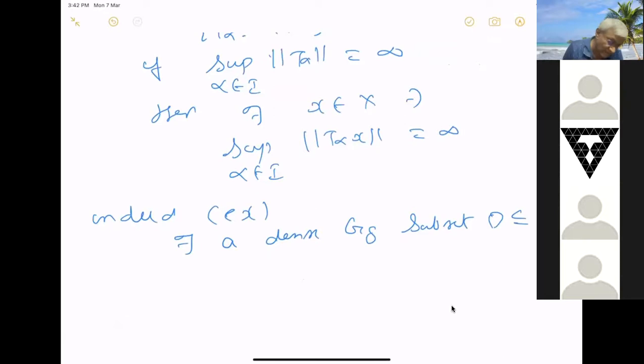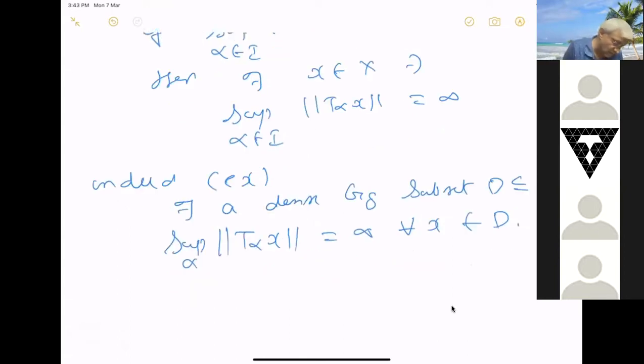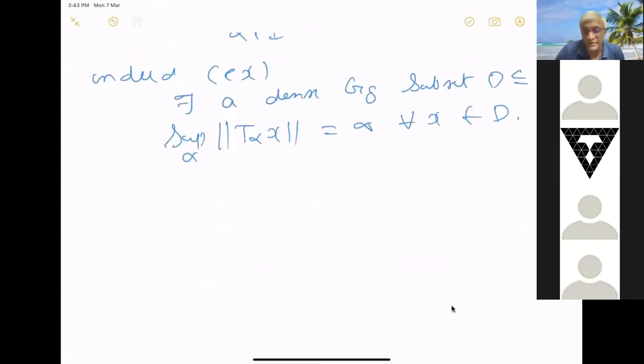So we have a dense G delta subset such that the supremum over alpha of the norm of T alpha x is equal to infinity for all x in D. Even this is true, this holds in a dense subset. So this is the converse of the uniform boundedness principle.